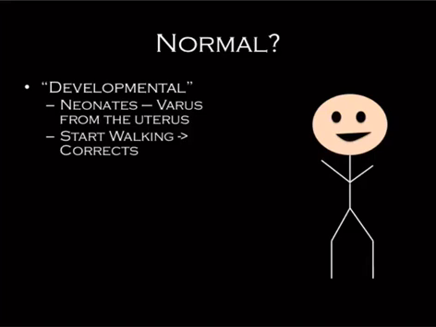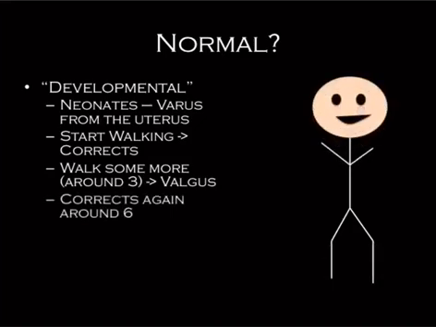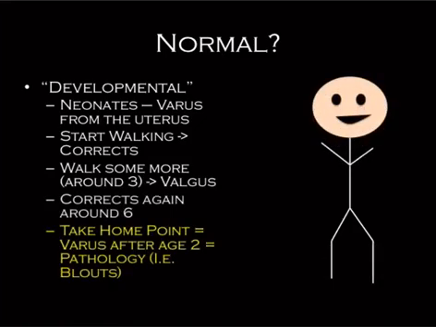And then as you walk a little bit more, they start walking like they're riding a horse. So it becomes valgus. And then it corrects again around 6, and it should stay normal after that. So the take-home point is that varus after age 2 is abnormal, i.e., if you see it, think about Blount's.